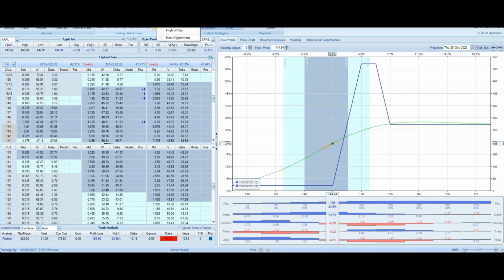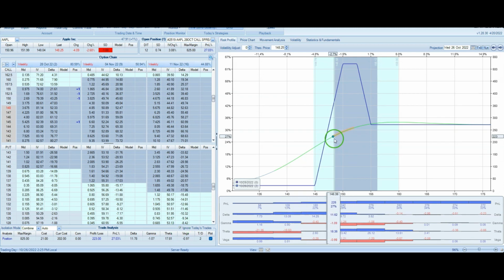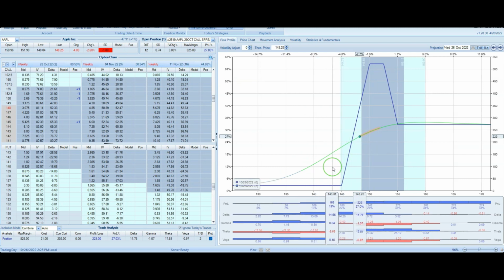Now we go forward to the following adjustment, which was on Wednesday, October 26th. We still had 1 day before earnings were out. We take a look at what this trade looked like before we made this adjustment, right? So we had Apple coming down. We're down about 1 standard deviation that day. So not having any downside risk is great, but I also don't want to give up a lot of unrealized gain that I have going in this trade.